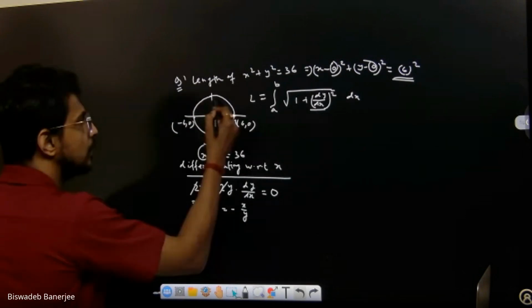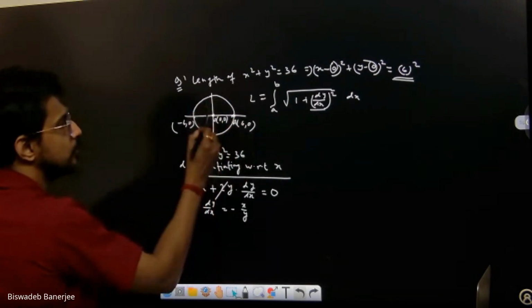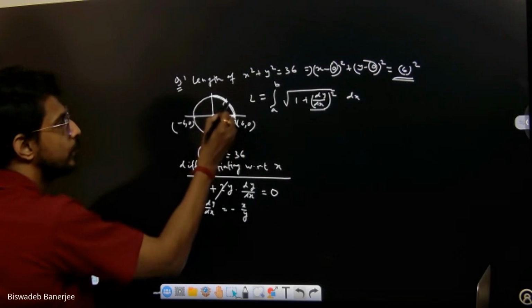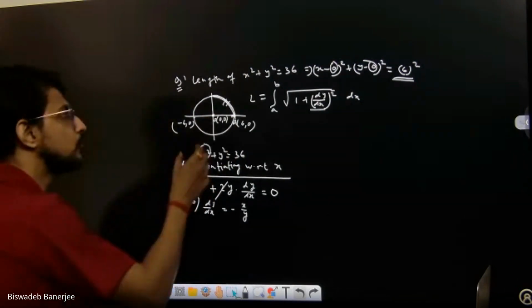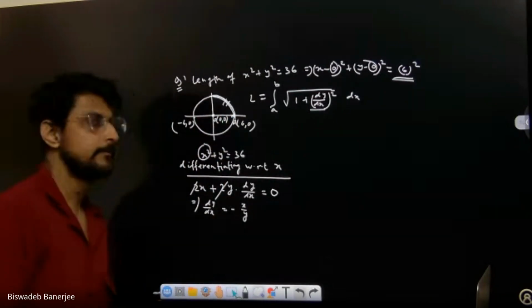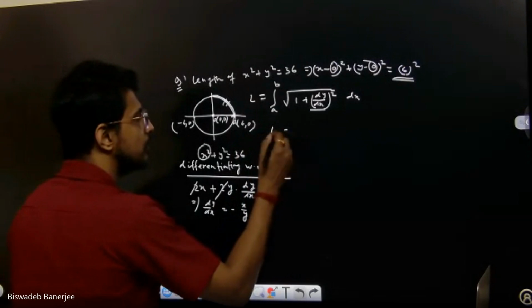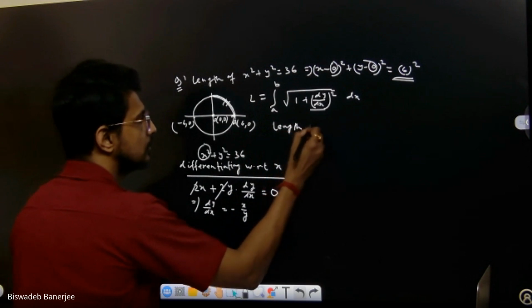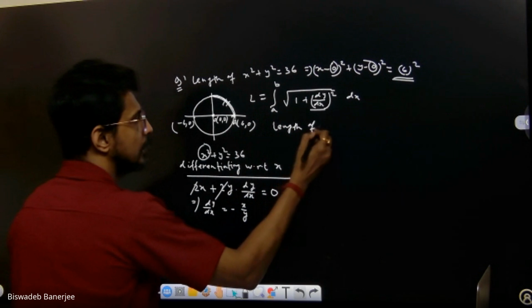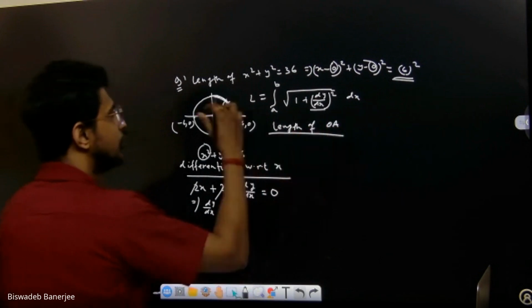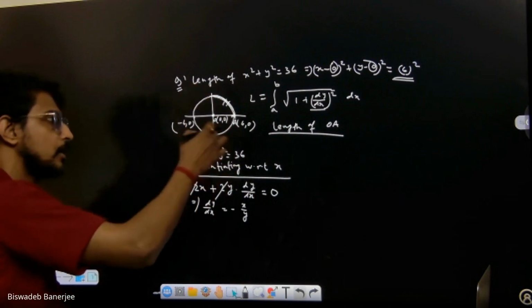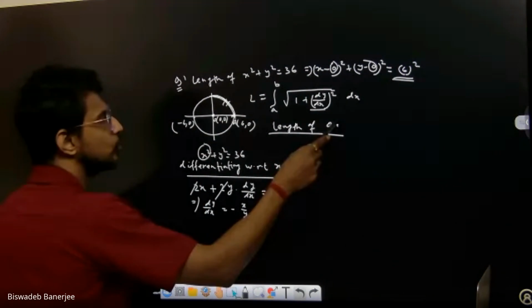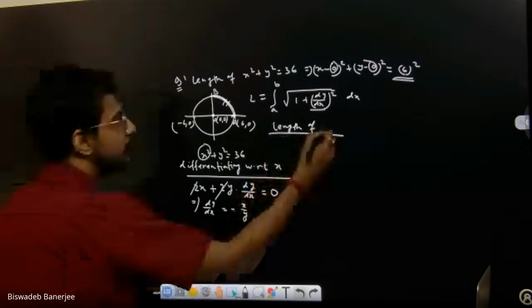Now we shall find out the length only in the first quadrant. That means we shall find out the length of this portion. Actually, if we say this is A and this is B, then it is the length of AB.